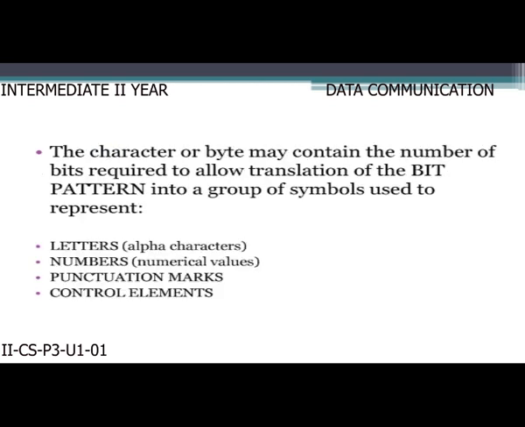The characters or bytes may contain the number of bits required to allow translation of the bit pattern into a group of symbols used to represent letters, that is alpha characters, numerical values, punctuation marks, and control elements.